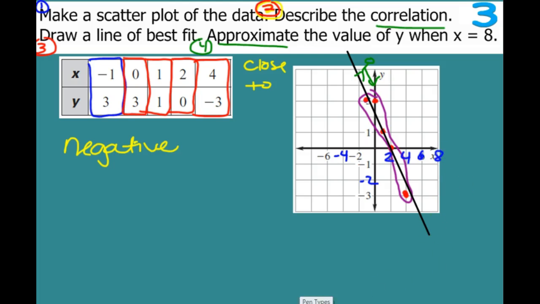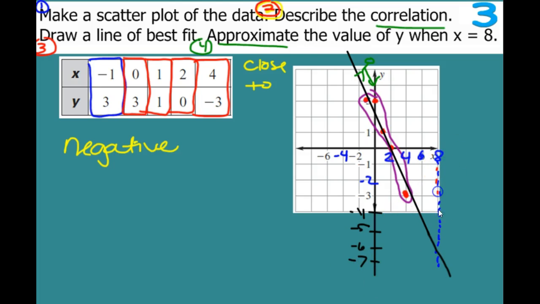Now we all drew our lines a little bit differently. So if I follow 8 down, I'm not going to be able to do a very good estimate, which is why an equation would be better. However, we don't have an equation, so we're going to do our best guessing. If you need to extend your lines out, do that. So this would be like negative 4, maybe like negative 5, negative 6, negative 7.